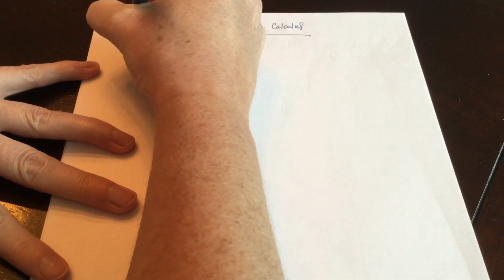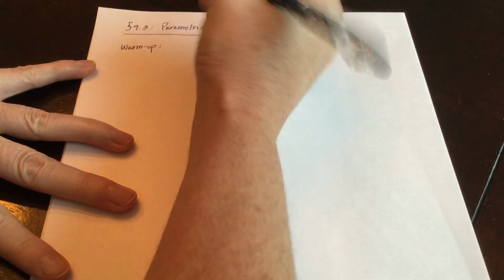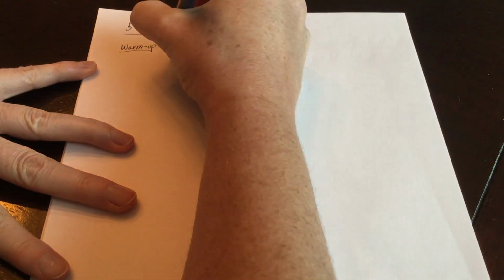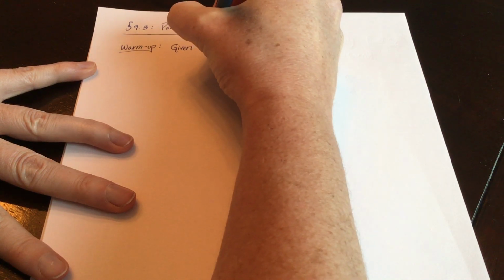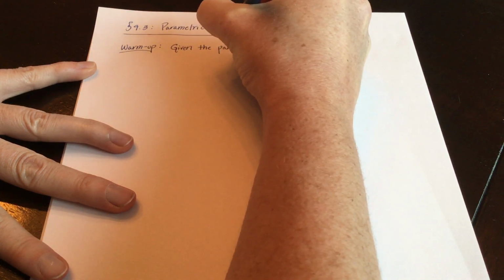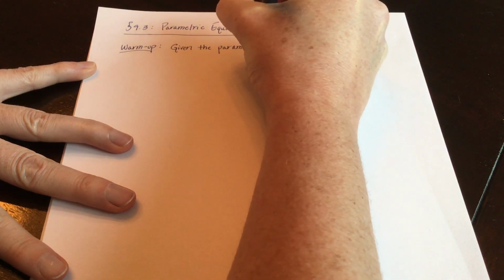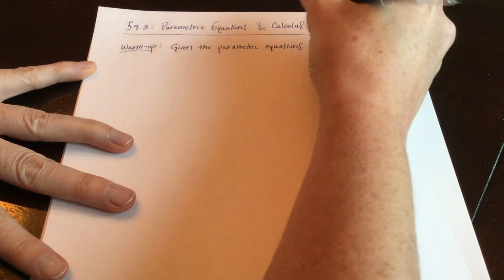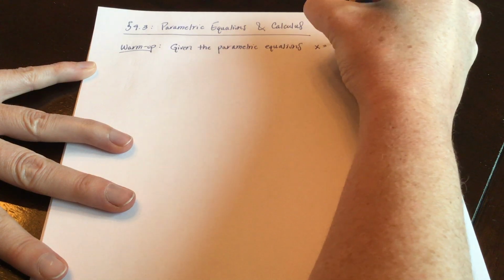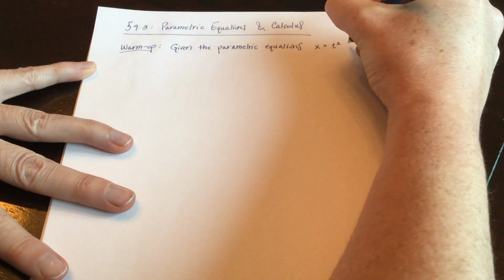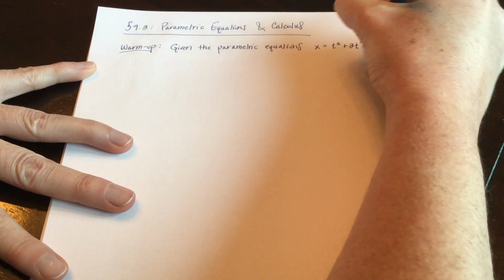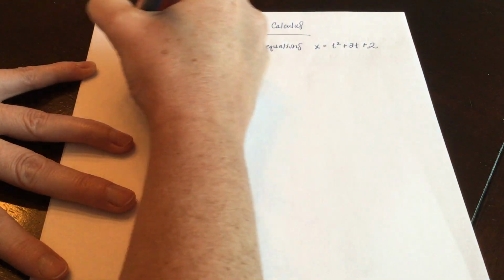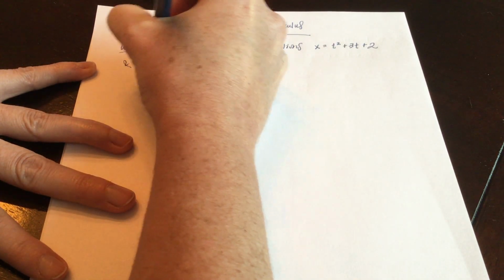Anyway, so just a quick warm-up for you to consider. Let's say you are given the parametric equations x equals t squared plus 3t plus 2 and y equals 2t.